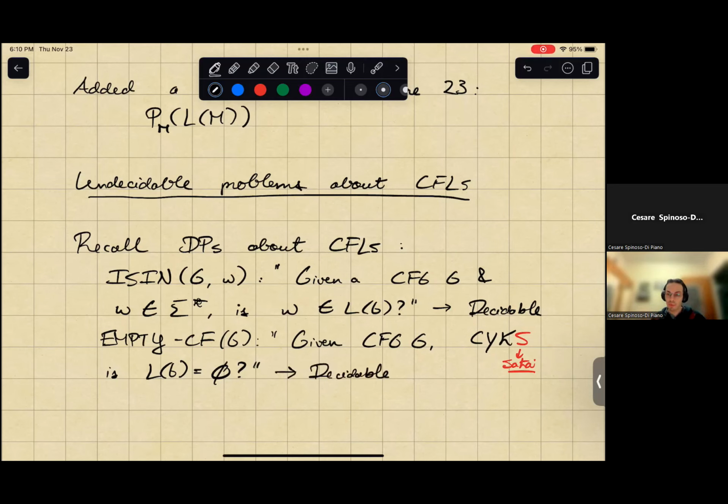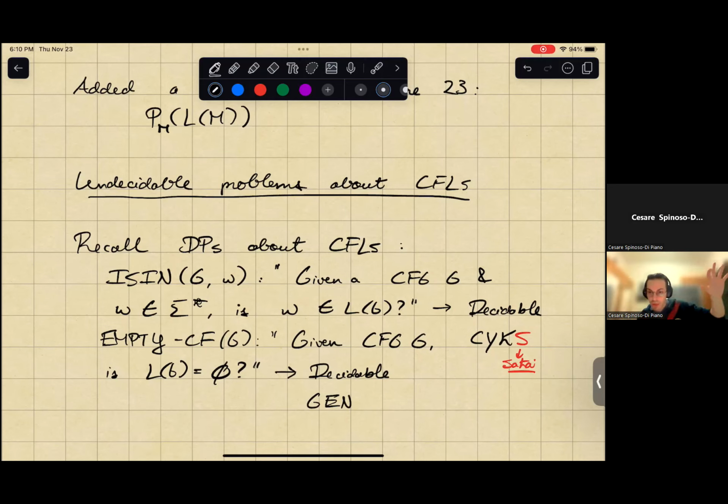And it's decidable through this gen algorithm, right? So if you remember quickly, the gen algorithm works bottom up. It says, what are the variables which in one step derive only strings of terminals? And then it works up, right? So then it asks, what are the variables which in two steps derive only strings of terminals, and so on.